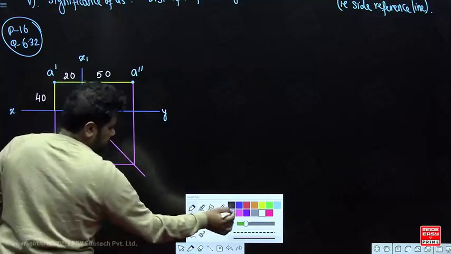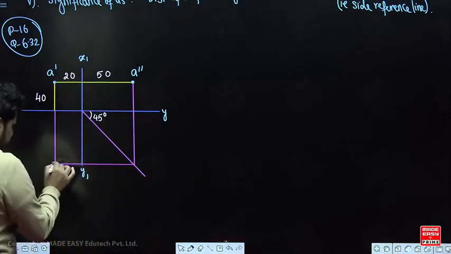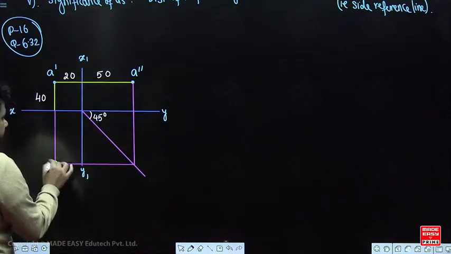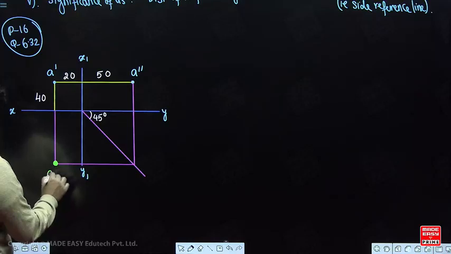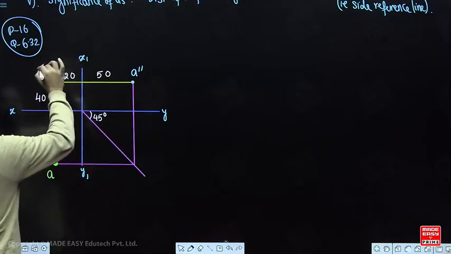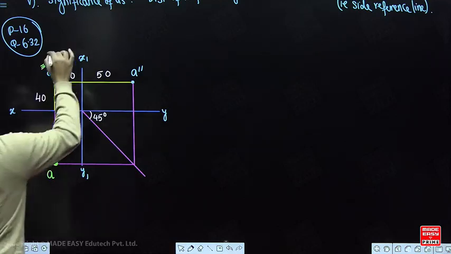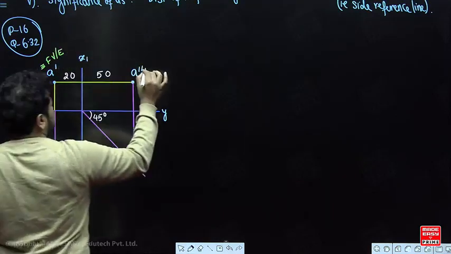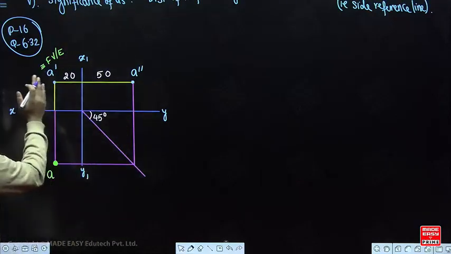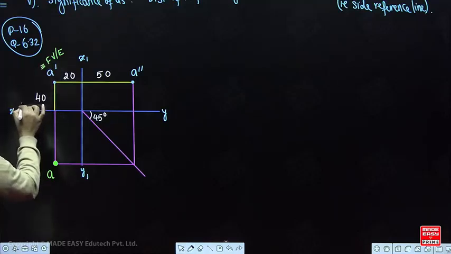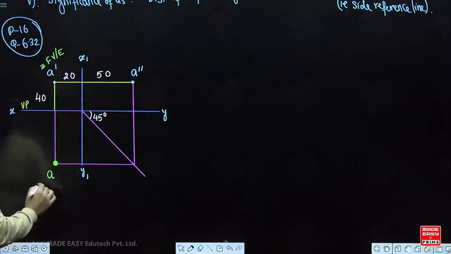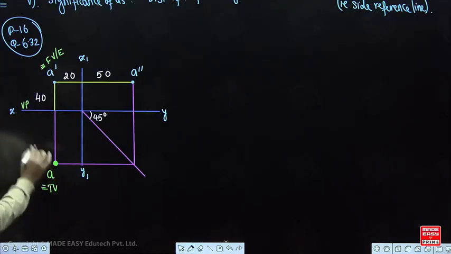Right? So this is basically your point, isn't it? So this point is your A, right? Now this is A dash, means it is the front view, correct? So this is your A dash, means it is front view or elevation. This is A double dash. Now if this is the front view or elevation, that means this is the vertical plane, this is the top view, or plan.